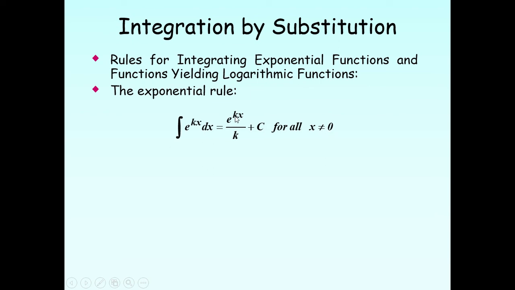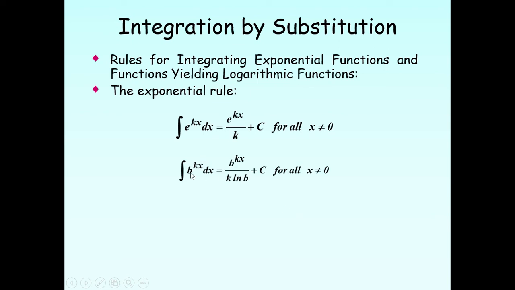Alright, so the condition here is that k must not be equal to 0, because if it is 0, then 0 times x is 0, so e to the 0 is equal to 1. So times dx, you're just integrating dx, which is equal to x plus c. Alright, so that's the condition, class.